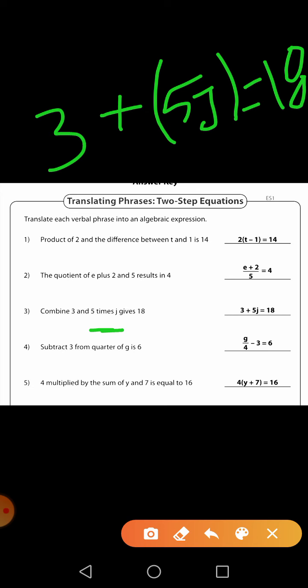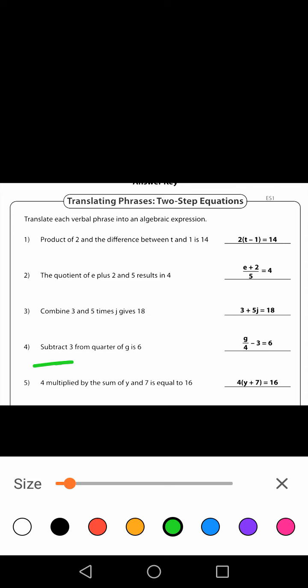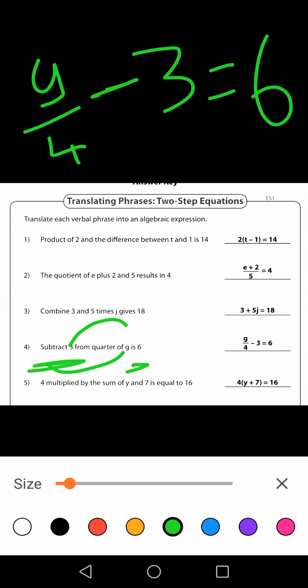Let's see number 4. Subtract 3 from a quarter of g. Do you remember what I told you about subtract? Yes, exchange it. So I will put a quarter of g first, minus 3. A quarter of g means g over 4, is 6, which means equals 6. And that's all.